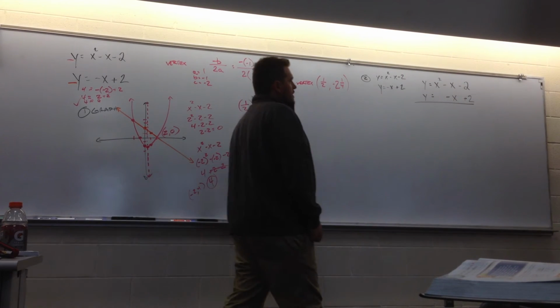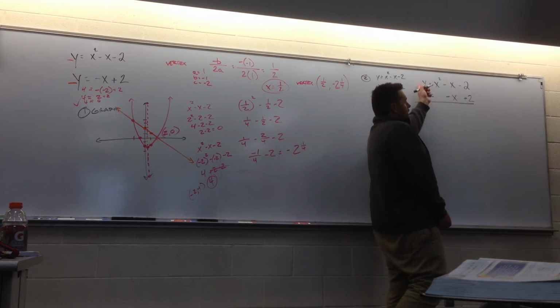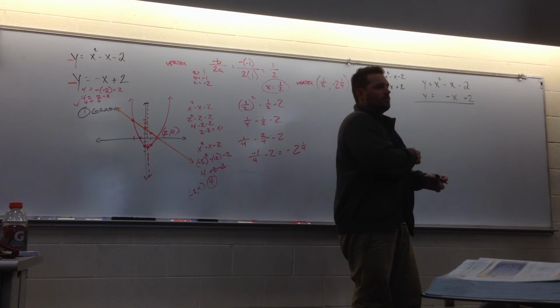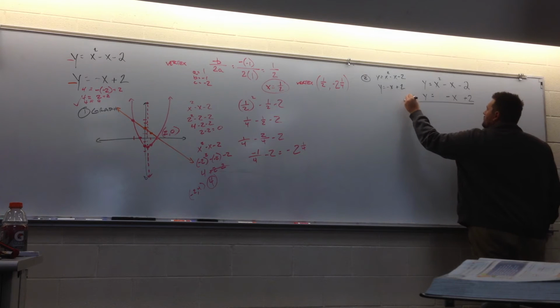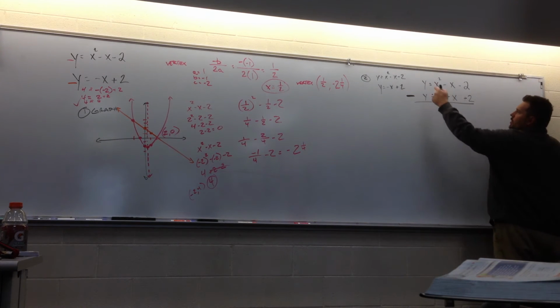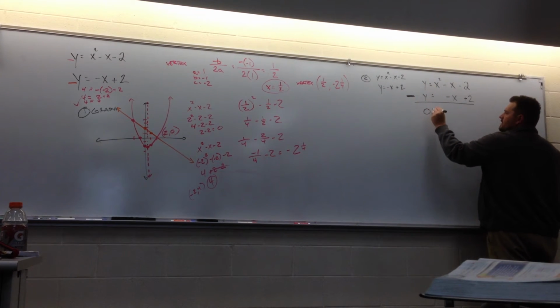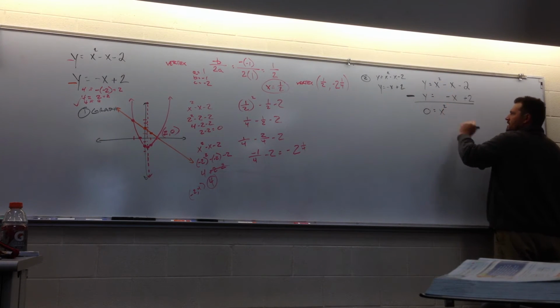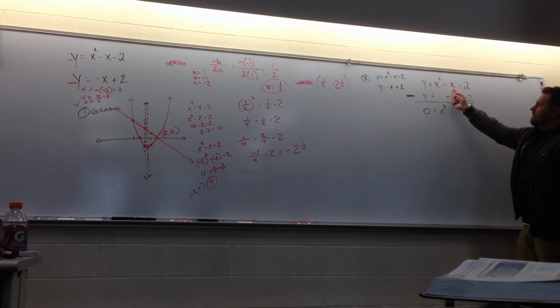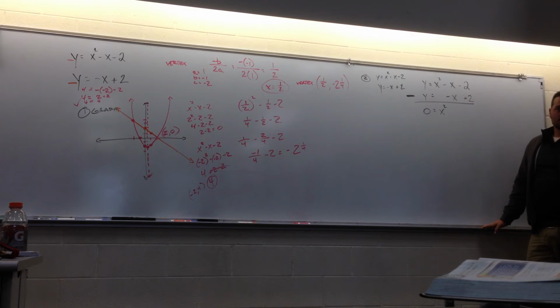So in order for me to eliminate the y's, what do I have to do? Subtract. I have to subtract. So I'm going to put my big subtraction sign here. y minus y is 0. x squared minus nothing is x squared. Negative x minus a negative x is what?